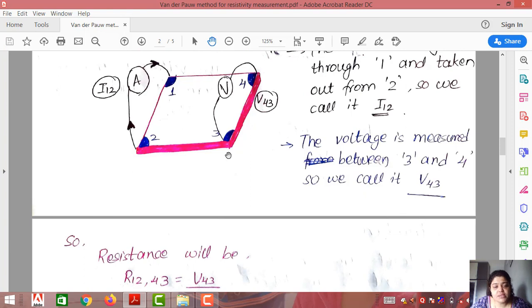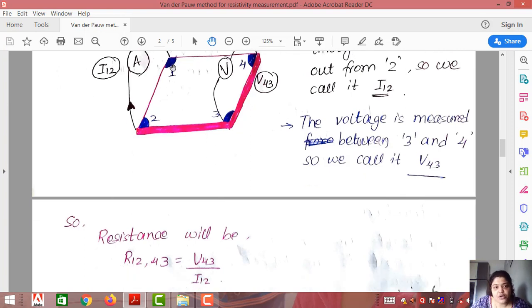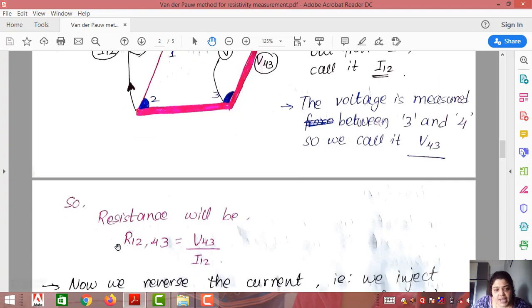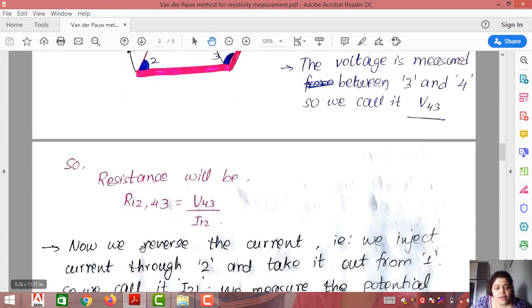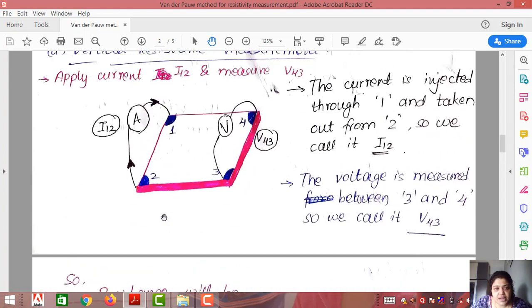According to Ohm's law, resistance will be the ratio of voltage upon current. So that is this voltage V43 upon this current I12. We write this as R12,43, where the first pair stands for current and the second for voltage, equal to V43 upon I12. Now what we do is we reverse the current.